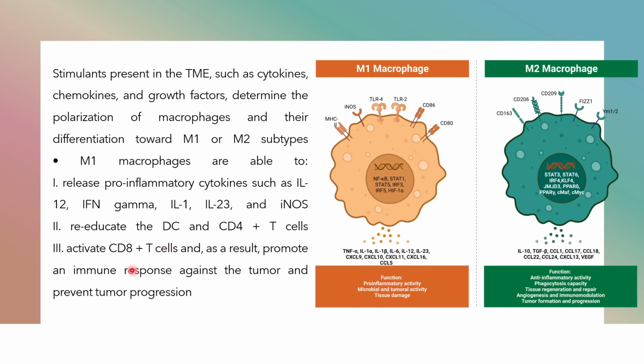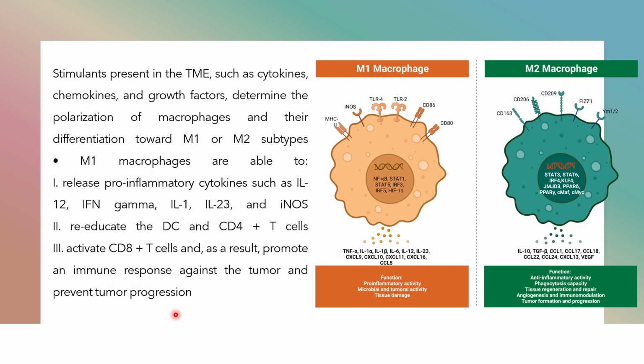They activate CD8 T cells, and as a result promote an immune response against the tumor and prevent tumor progression. M2 macrophage helps in tumor formation and progression, but M1 macrophage activates the CD8 T cells and as a result promotes an immune response against tumor and prevents tumor progression.